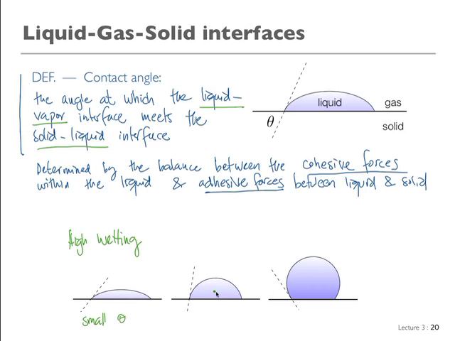You could have an intermediate value, or you could have a high contact angle, which is theta larger than 90 degrees, which is often referred to as low wetting. And this depends on the combination of the three materials: the solid, the liquid, and the gas phase.